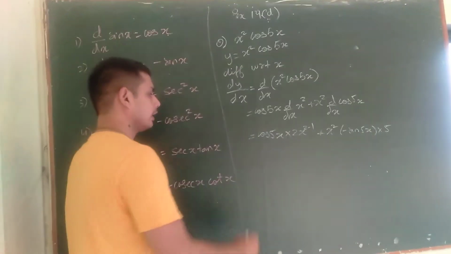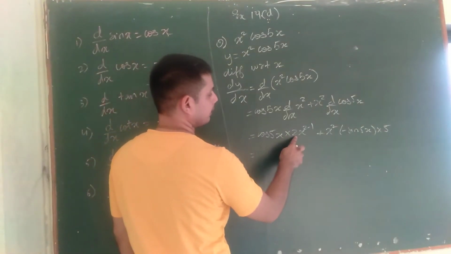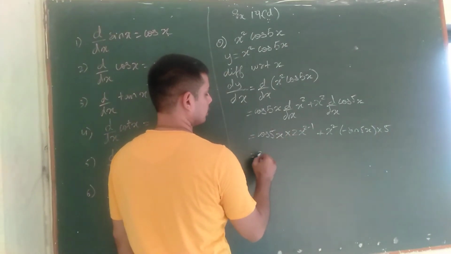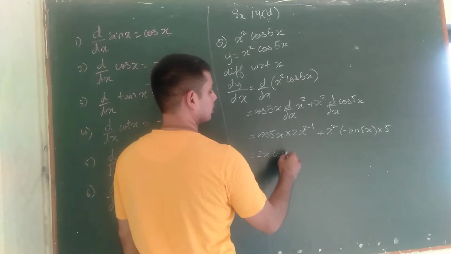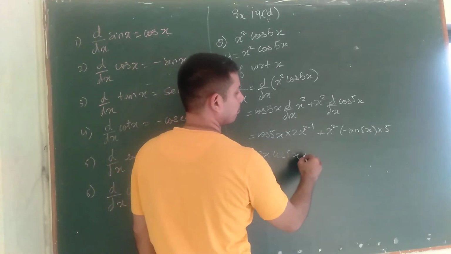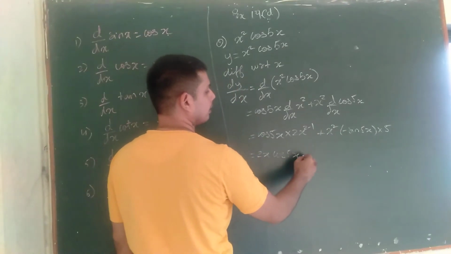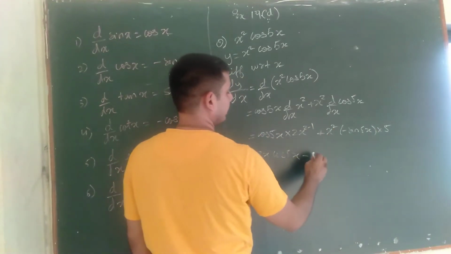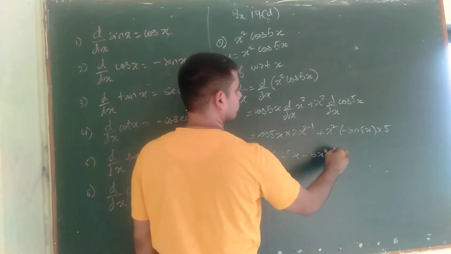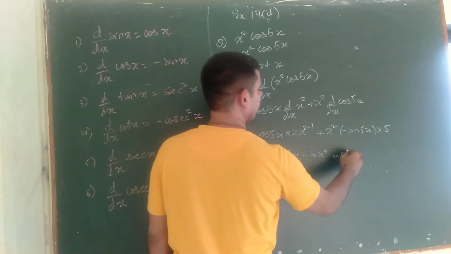Now you can write this in the standard format, and this becomes 2x into cos 5x plus, or rather this is minus into plus. So I'll get minus 5, I'm taking in front. So this is 5x square into sine 5x.